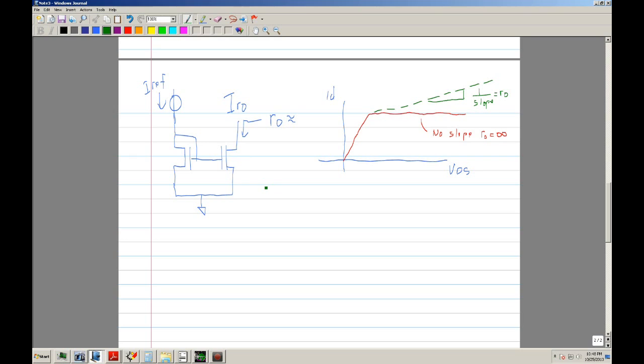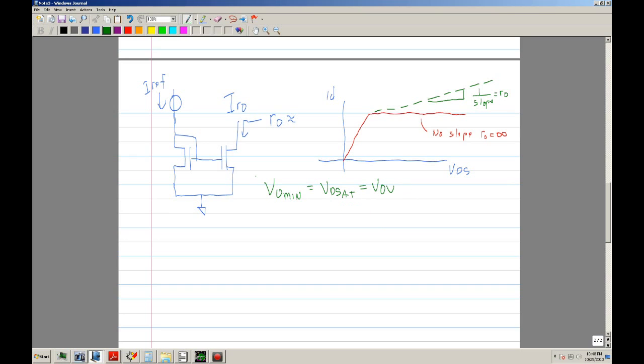And then another question that they often ask, what is the Vout minimum? When you see that, your first inclination would be that it's VDSAT. I've also heard or read that it's known as VOV, the overdrive voltage.